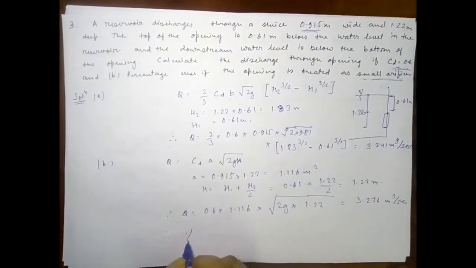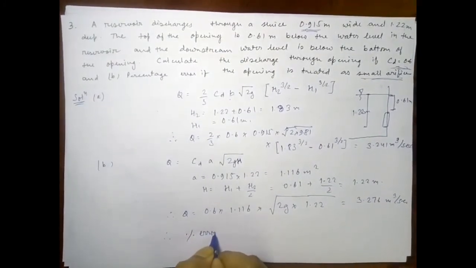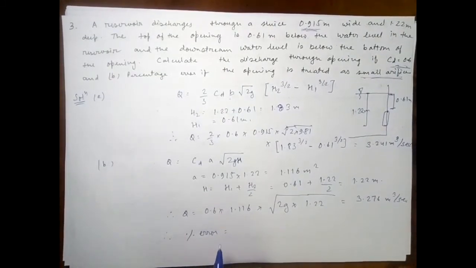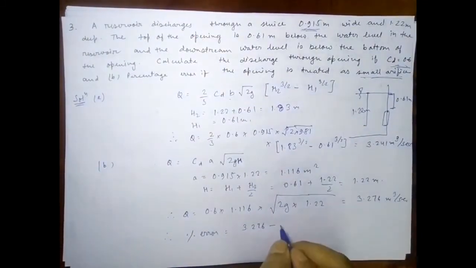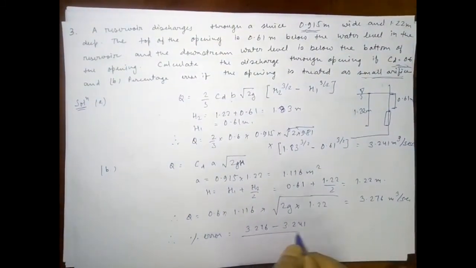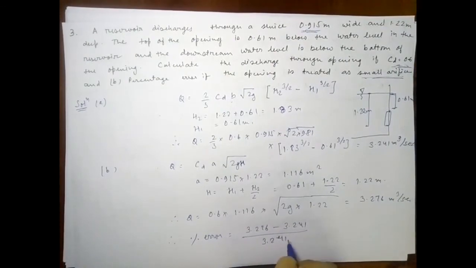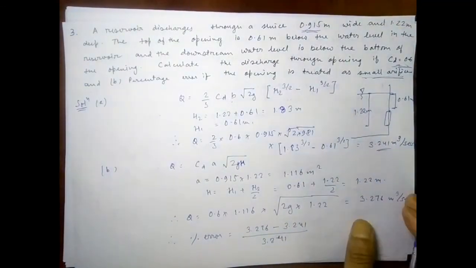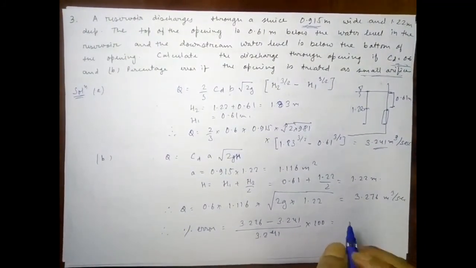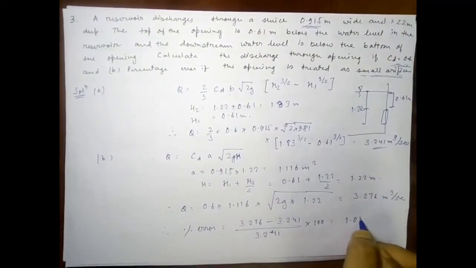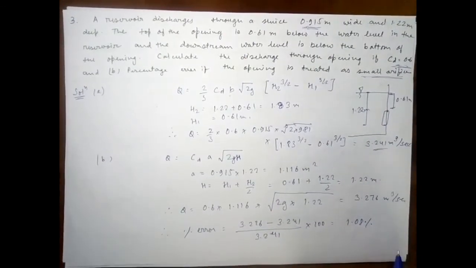Therefore the percent error is equal to 3.276 minus 3.241 upon 3.241, because this is the actual discharge, times 100 is equal to 1.08%.